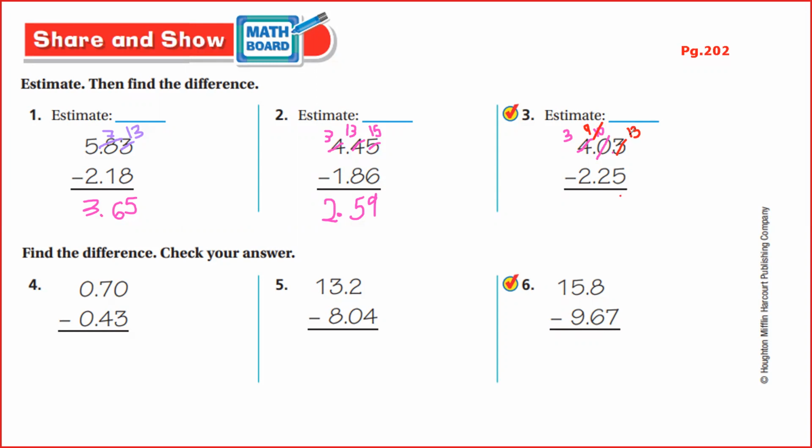13 minus 5? It is 8. 9 minus 2. It will be 7.